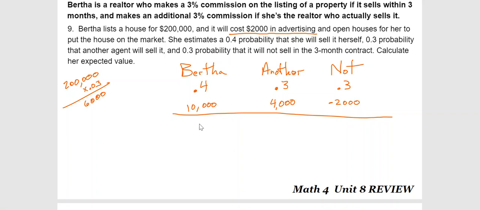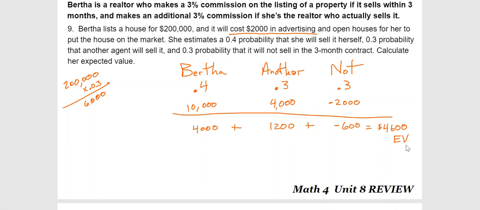And so we multiply these. This becomes 4,000. This becomes 1,200. This becomes negative 600. And so that 4,000 and 1,200 is 5,200, minus 600 is a positive $4,600 expected value.